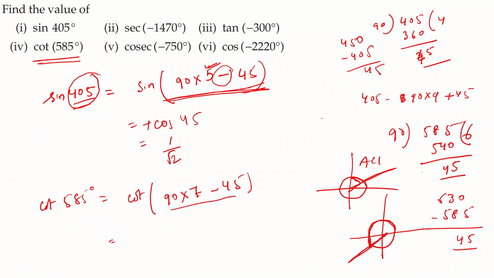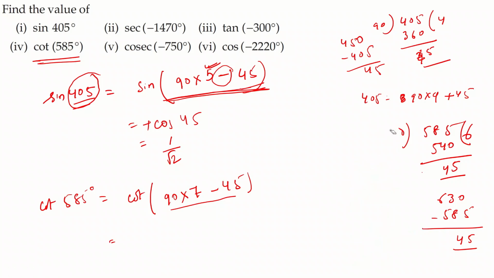Okay, now again the decision of the quadrant, in which quadrant is it lying. So this is 90 times 7, right? So 7 is something odd, so you change cot into tan, and tan 45 degree. You ignore this entire part completely, and then we have to decide the sign.